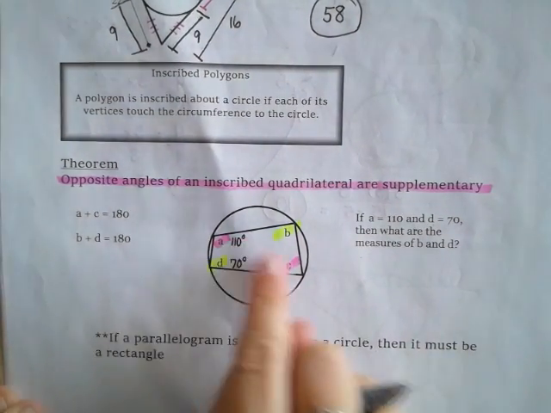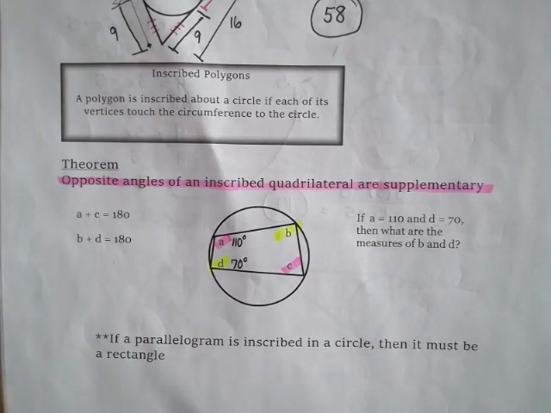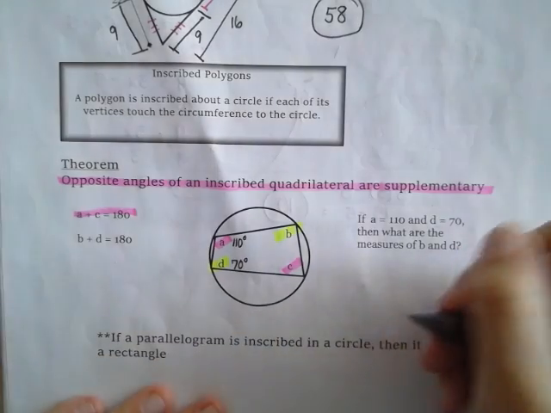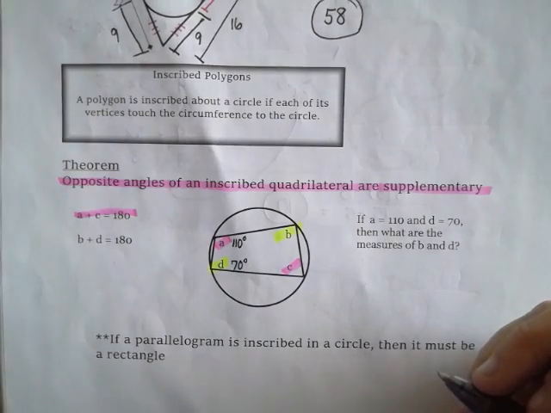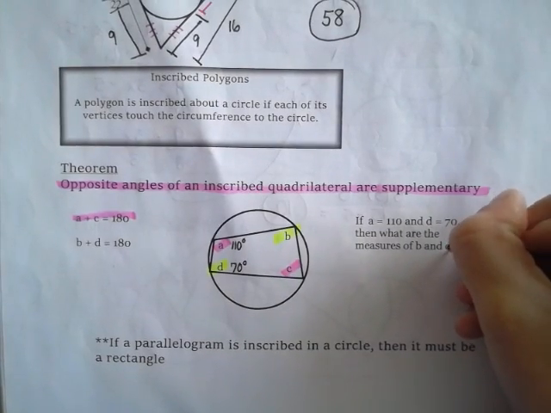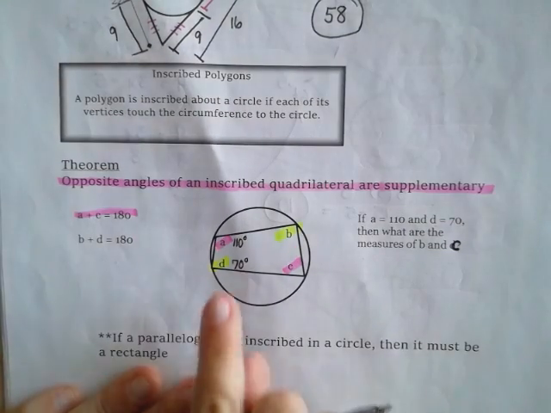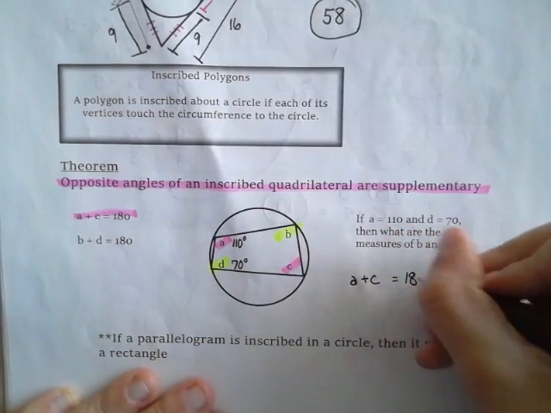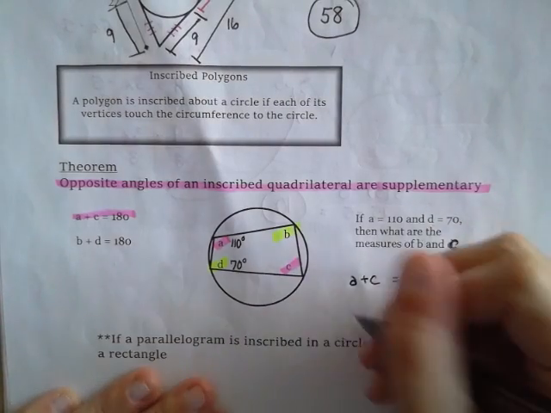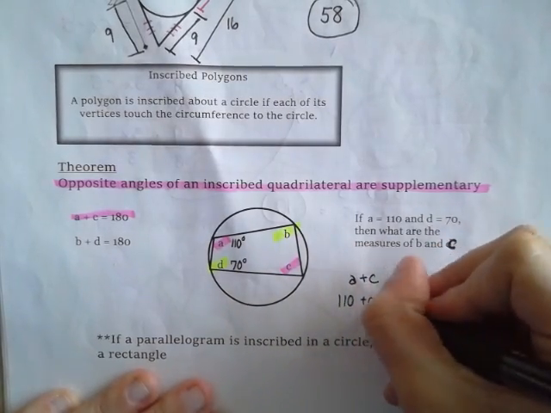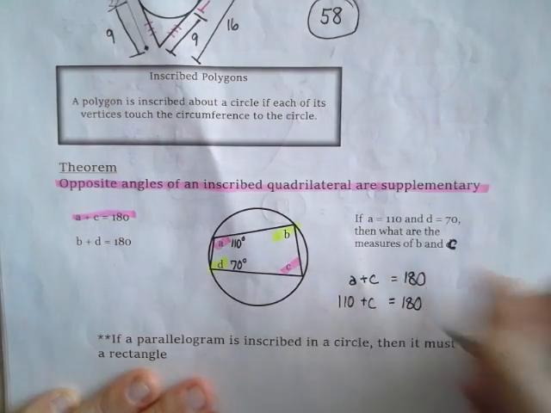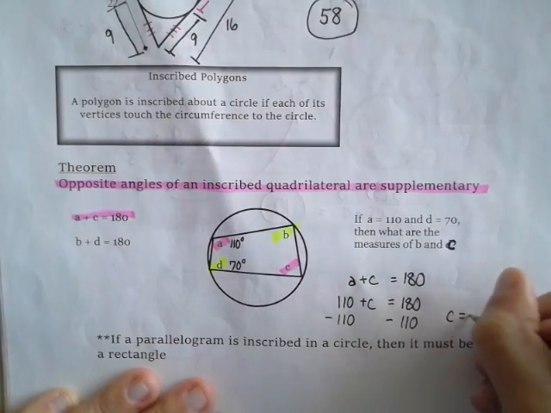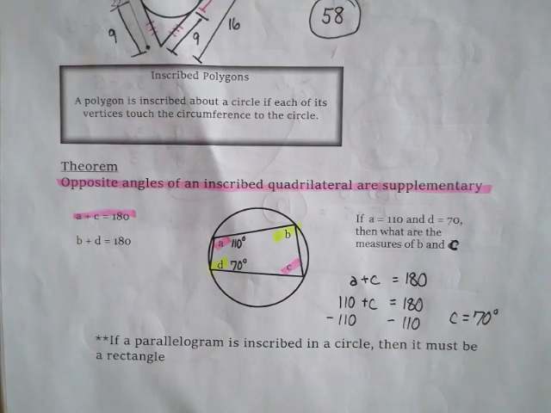So to solve, we have to remember that A plus C equals 180 to start off with, so we can find C. If A plus C equals 180, we can plug in 110 for A, and then we just subtract 110 from each side. So we know that C must be 70 degrees.